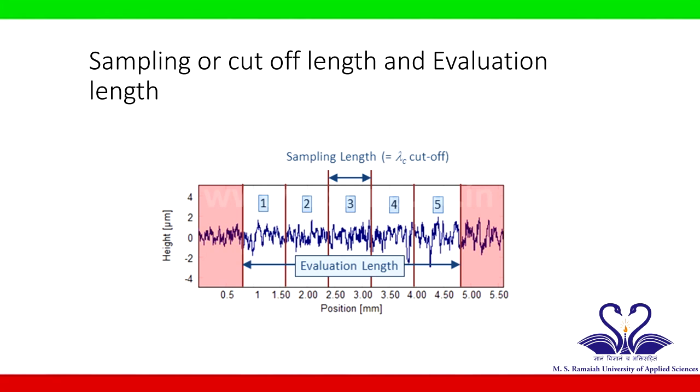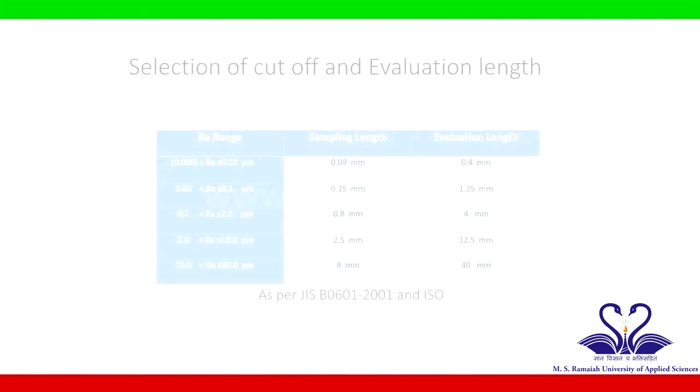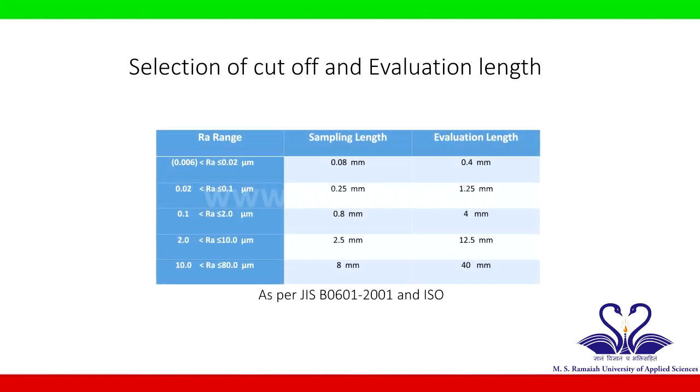Evaluation length is the part of the traversing length from where the values of the surface parameters are determined. Usually, evaluation length will be 5 times the cutoff length. Cutoff length and evaluation length must be input to the roughness measurement tester based on the expected Ra value as per well-defined standards.